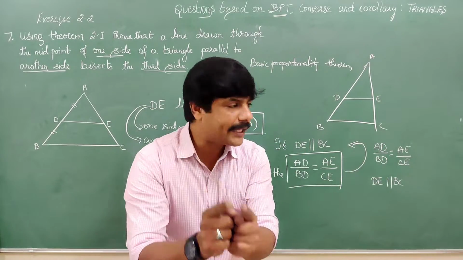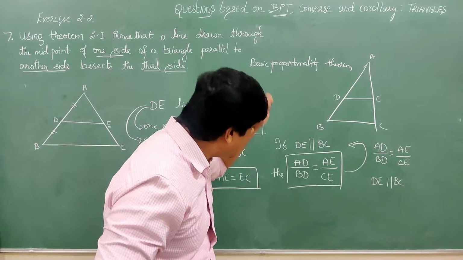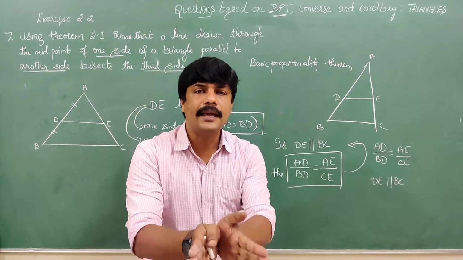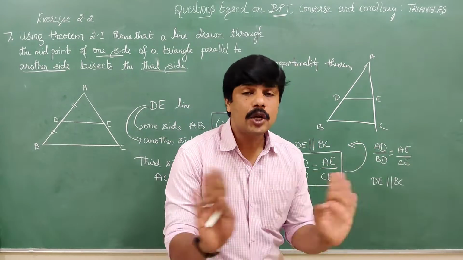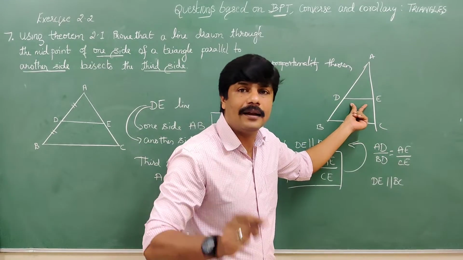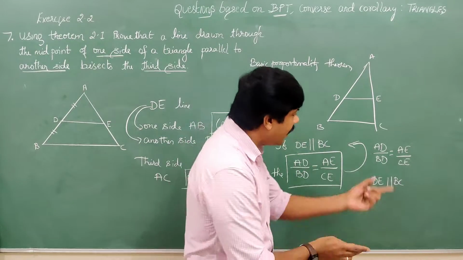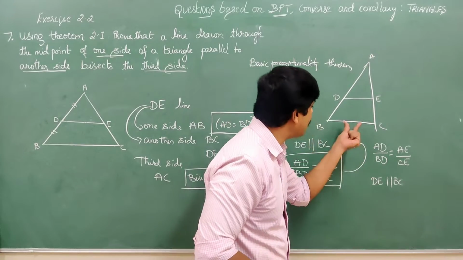In the basic proportionality theorem, the line is first set parallel. Then we derive the condition that the other two sides are divided in the same ratio. In the converse, we will not say that it is parallel. We will first say that this particular line divides the other two sides in the same ratio. So this line must be parallel to BC.